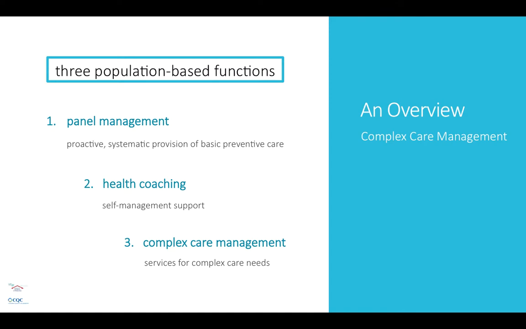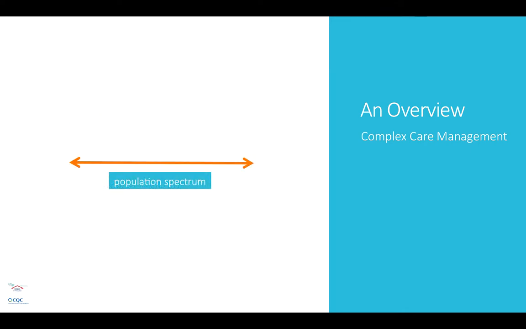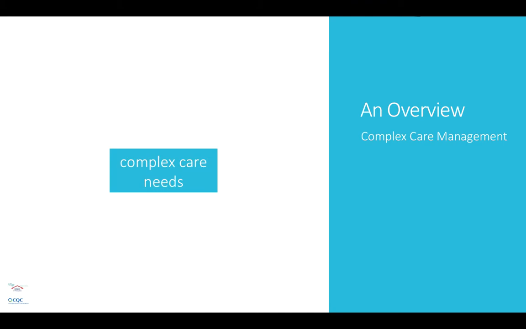People with complex healthcare needs are not a distinct category of patients. They are the patients at the far end of a population-wide spectrum, ranging from healthy individuals to people with serious medical problems. Avoidable hospitalizations are often one symptom that the system is not working for them to keep them healthy.